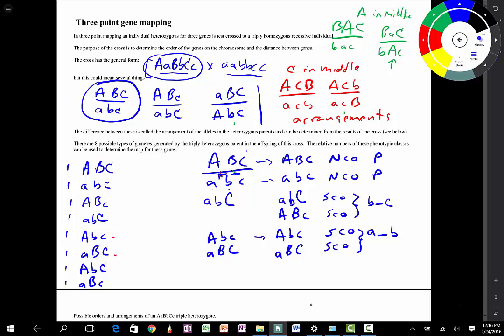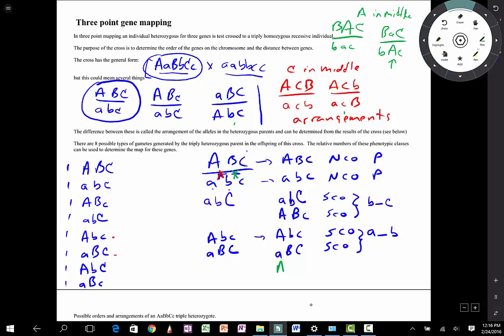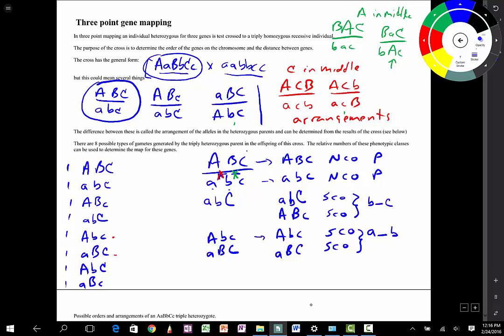If we get a double crossover, so we're going to get this crossover and we're going to get this crossover. We looked at the chromosomes before, and what happens is big A now is going to go with little b and big C. So if we get a double crossover, we get little a, big B, little c.